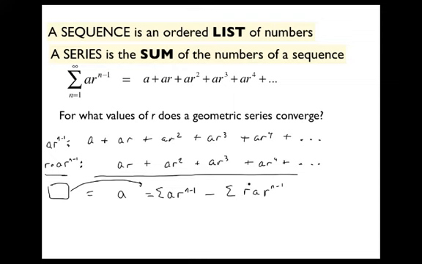So I'm going to bring this r out and factor out the sum. And this is going to be a equals the sum of a r to the n minus 1 times 1 minus r.